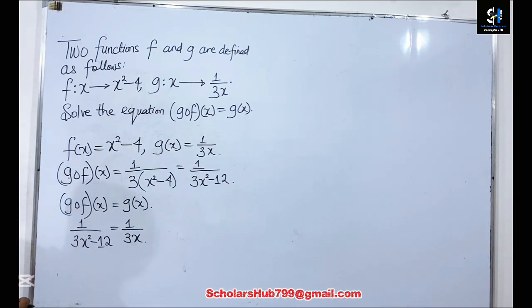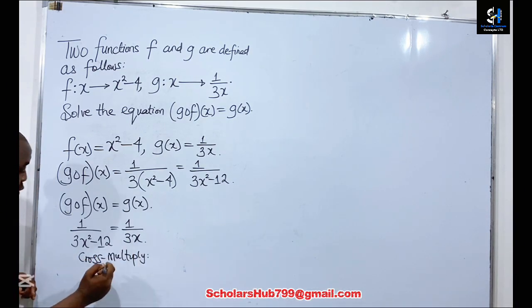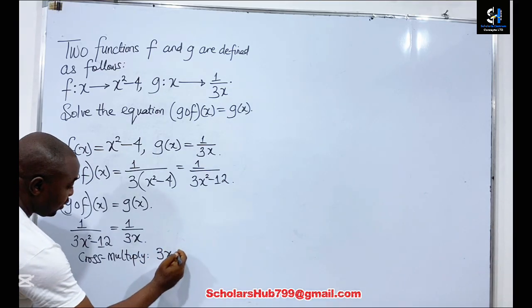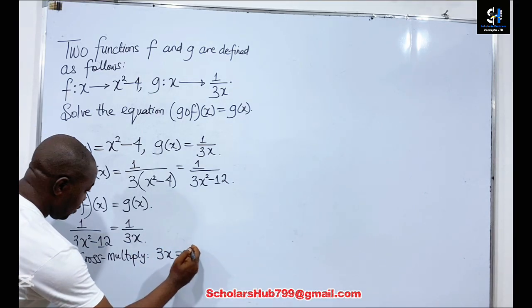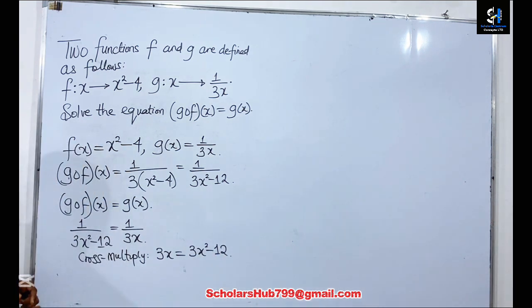So now we can solve for the values of x. Here I'm going to cross multiply, so that this will be 3x equals 3x squared minus 12.